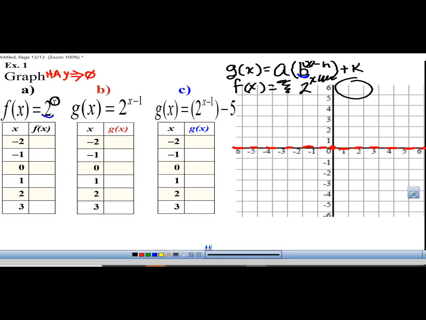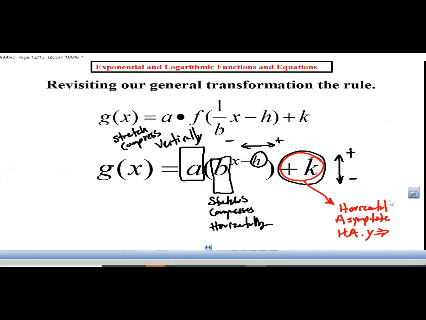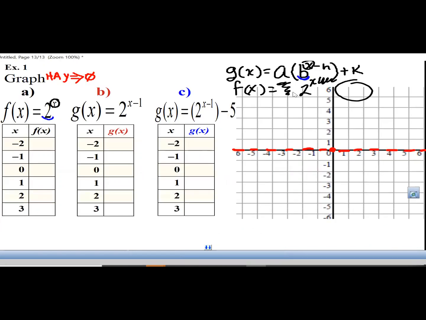Well, according to the general rule that we wrote earlier, what did we say k was? Our horizontal asymptote. So if this doesn't have a constant or a number by itself at the end, does it have a number by itself over here? No. So if it has nothing, that's why it's 0. You see it? Yeah, thank you. Okay. So let me erase this from here.